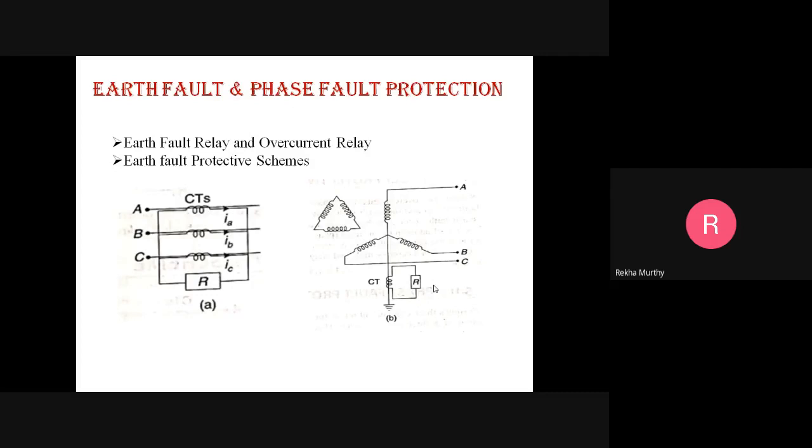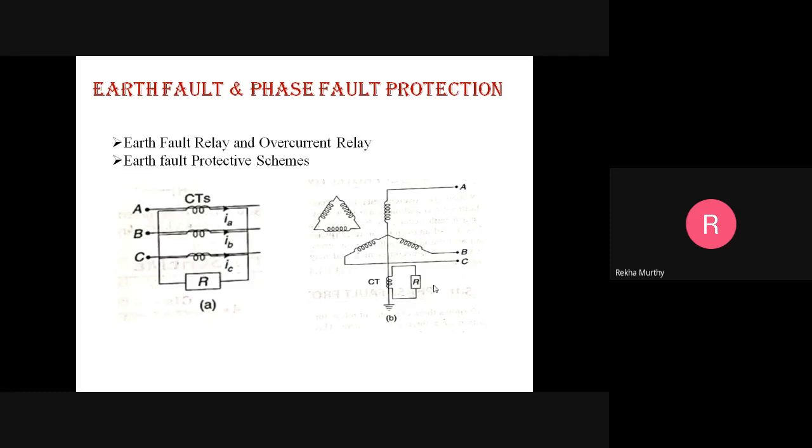Next concept is about earth fault and phase fault protection. A fault which involves the ground is called an earth fault. Do you agree? What are the examples? It can be line to ground fault, double line to ground fault, right? Those are all faults which involve a ground.